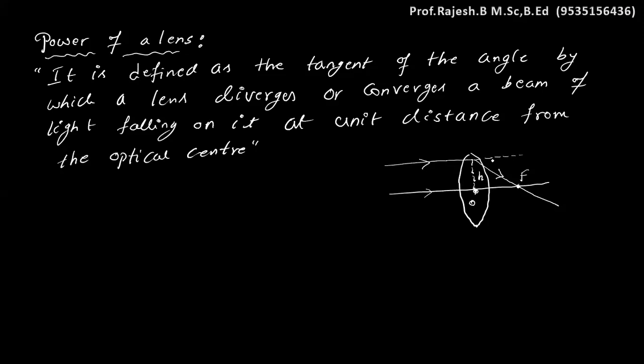It should actually go like this. What is the lens doing? It is bending the light by a certain angle theta. So that is the ability of the lens to make light converge or diverge. We can also say this as tan theta. If I take the theta here, according to the alternate angle property, tan theta becomes h by f.